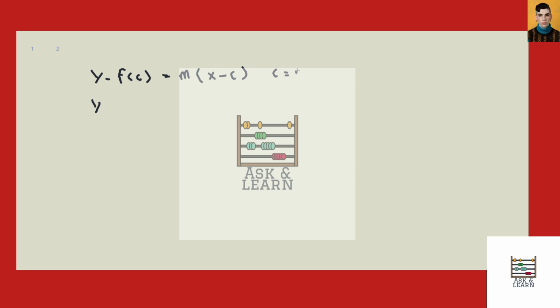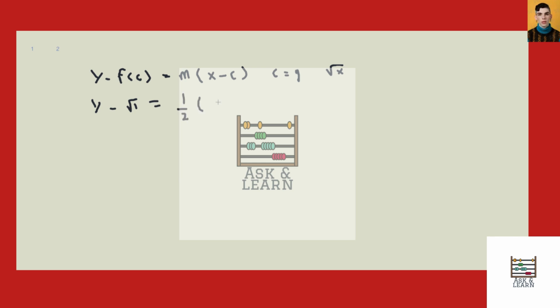Our f of x was root x, so we can plug in 1 for this function. The square root of 1 is just 1. Our slope we found was 1/2.